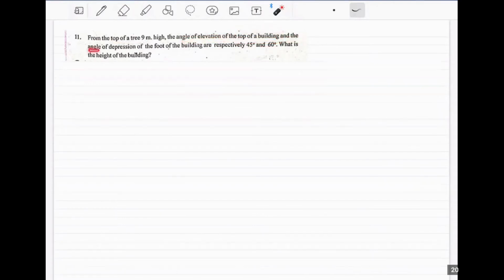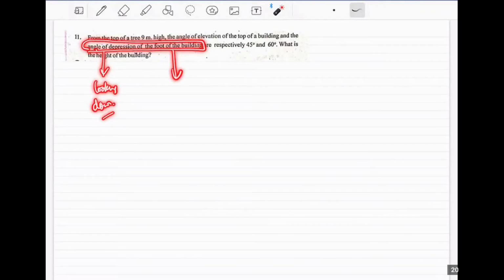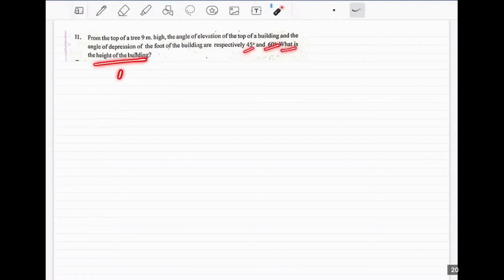And the angle of depression of the foot of the building: we are also looking down, to the foot of the building. So the angles given here are 45 and 60. The question: what is the height of the building?